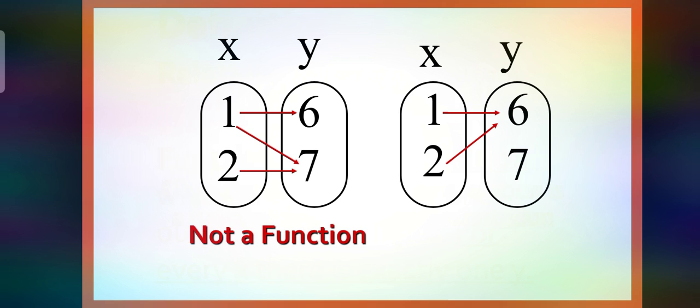So in this given, the first set of pairs, 1 and 6, 1 and 7, 2 and 6, is not a function. While for the second example, 1 as x and y as 6, 2 as x and y as 6, the given is an example of a function.